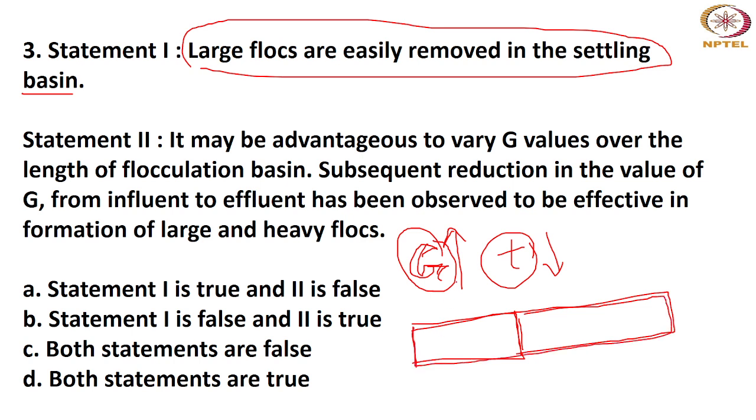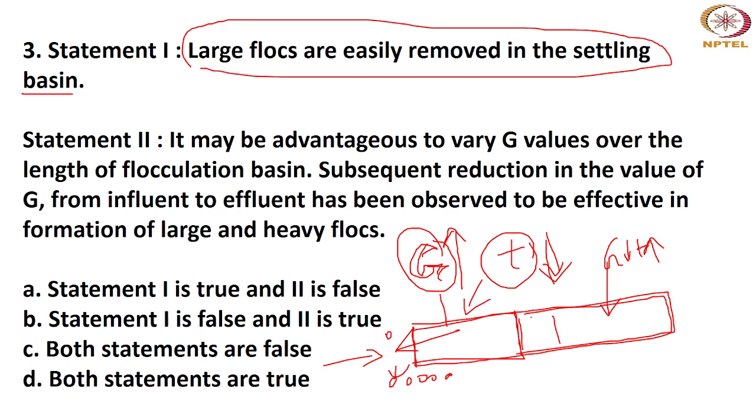In the first half G is higher and the time is low, and in the second half G is lower and the time is more. Then it will increase the collision in the first phase, and it will produce small dense flocs. The volume will be small, but the density will be higher because the time is less. We are providing very little time and very high velocity, so it will form dense flocs.